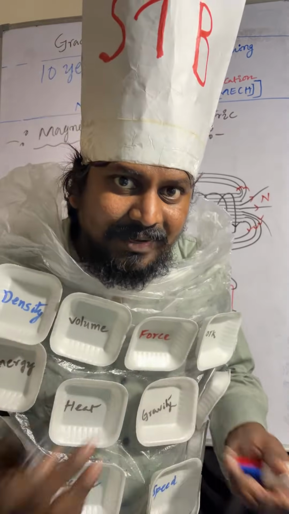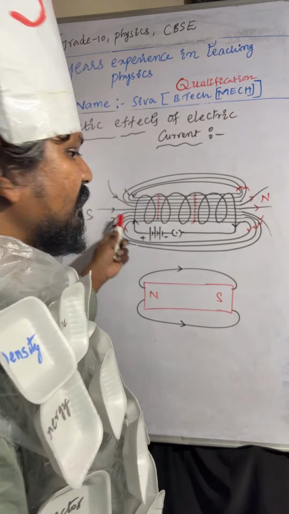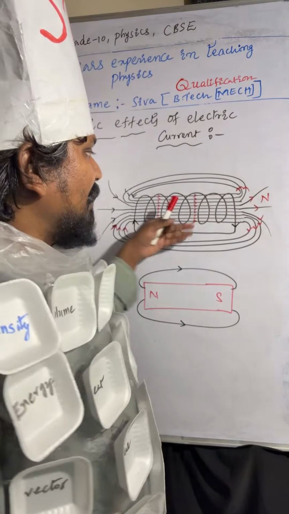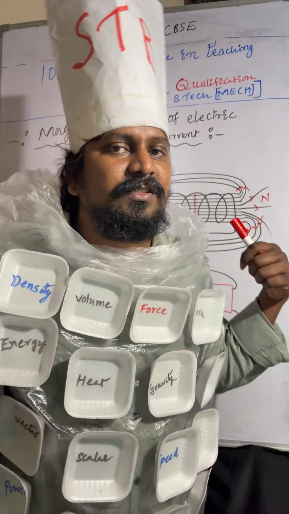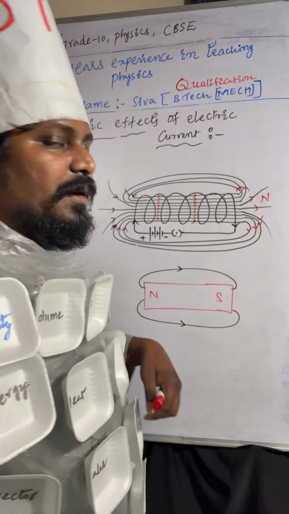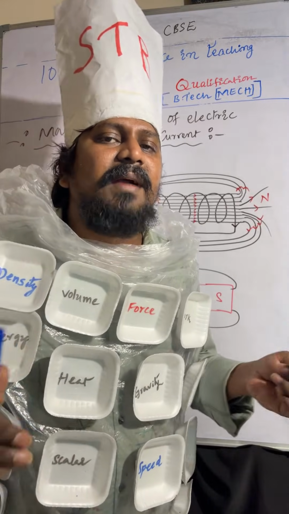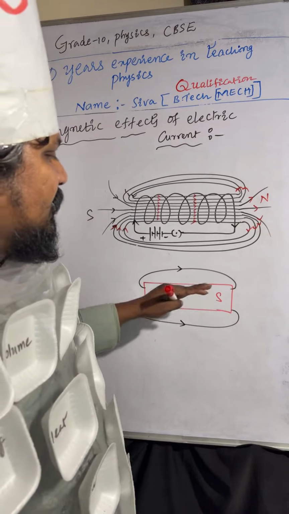We can increase the magnetic field by sending more current. As the strength of current increases, the magnetic field automatically increases, and if the number of turns increases, the magnetic field also increases. But for a bar magnet, we can't increase the magnetic field. It is fixed.